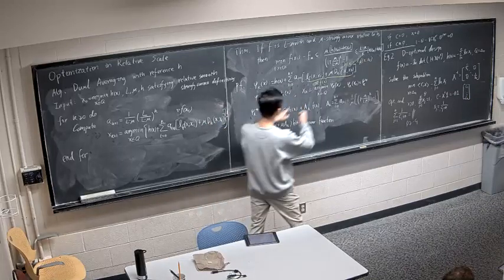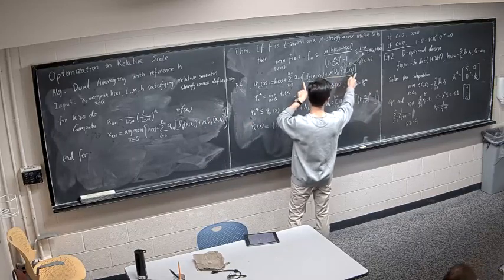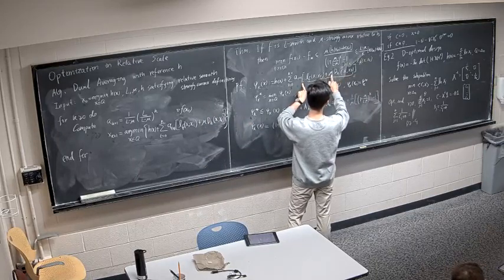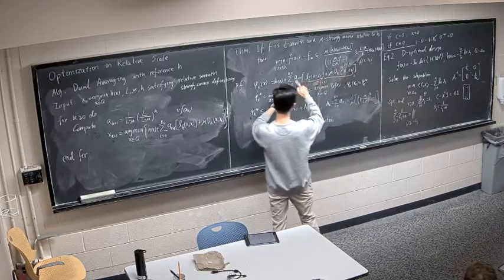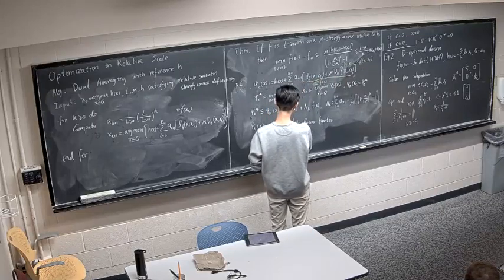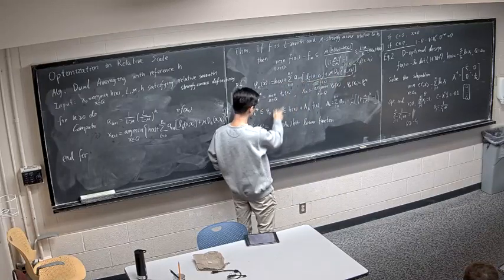Because for every i here you have mu times h of x, and if you do the summation, this gives you mu times A k, and the other one is coming from here.